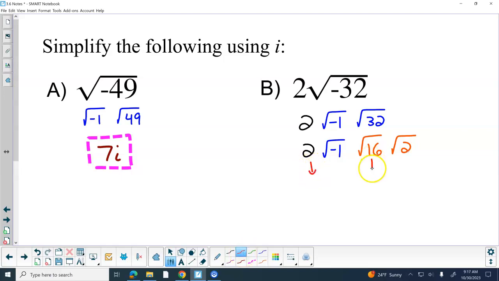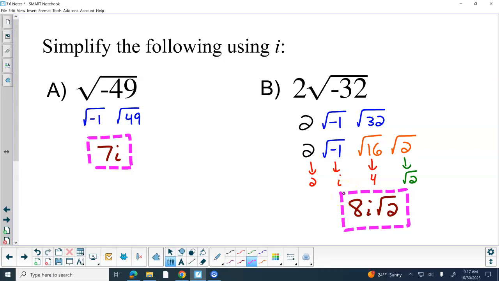So we've got 2, we've got 4, and we've got i all on the outside, and then we've got the square root of 2 still on the inside. So this one would be 8i square roots of 2. If you stopped at 4i square roots of 8, you didn't go far enough.